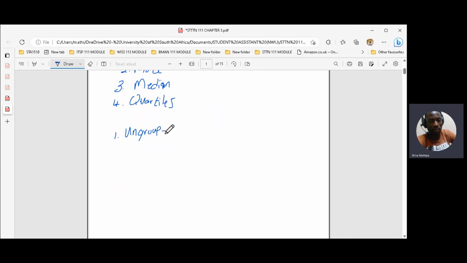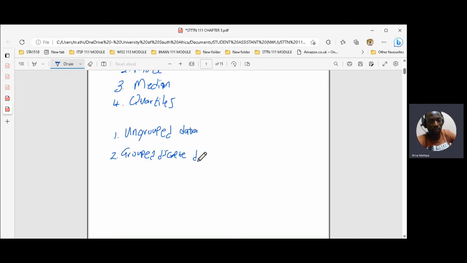Ungrouped data. And then 2, we have grouped discrete data.